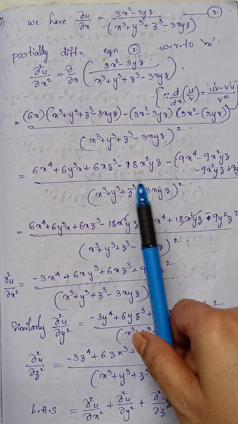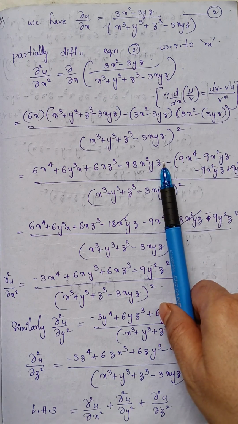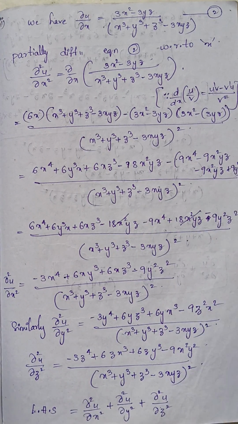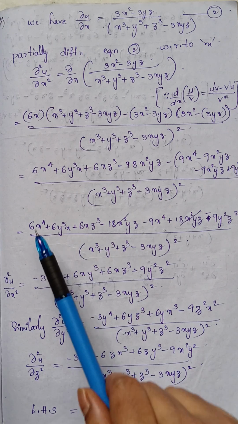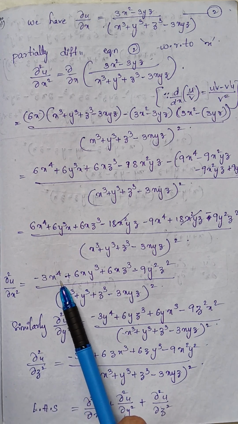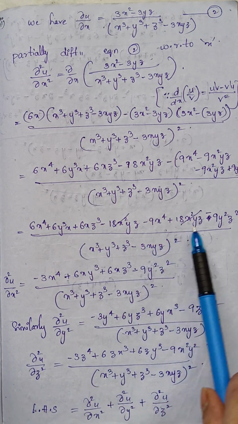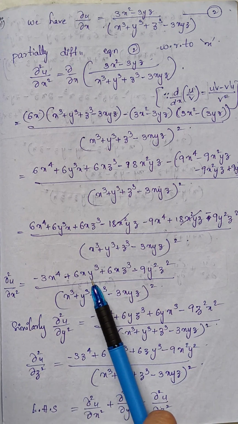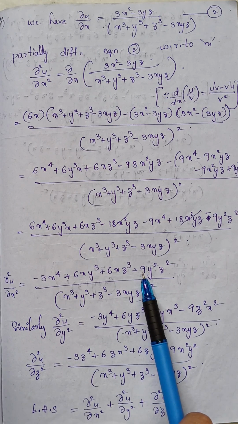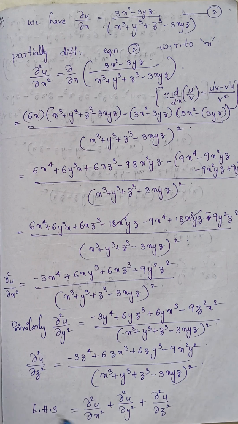Again after simplification, here minus 18x square yz, after taking minus into these terms, then plus will be there, gets cancelled, remaining terms as it is. Now take x power 4 terms, here minus 9 plus 6, so minus 3x power 4. Again xy cube, here 6xy cube, next only 6xy cube, here xz cube as it is. Again minus 9y square z square by total.